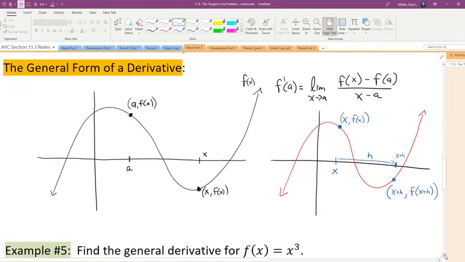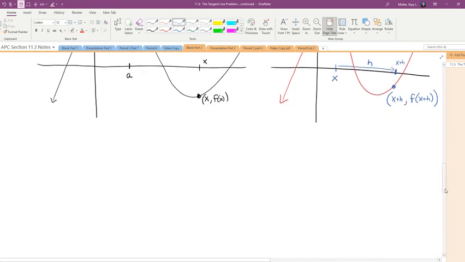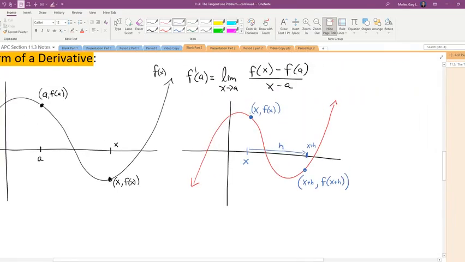So then if I work on finding the slope of this, we connect the secant line, and we're going to do the same thing. The slope of that secant line is equal to the y value, f of x plus h, minus f of x, y minus y, over x minus x, so x plus h minus x.